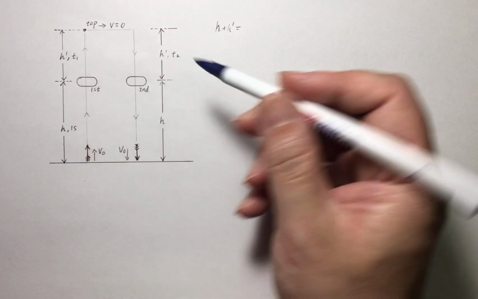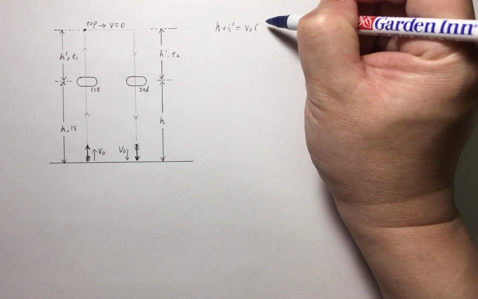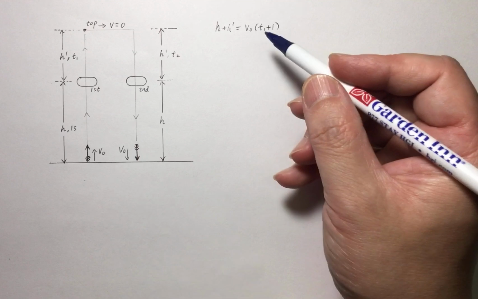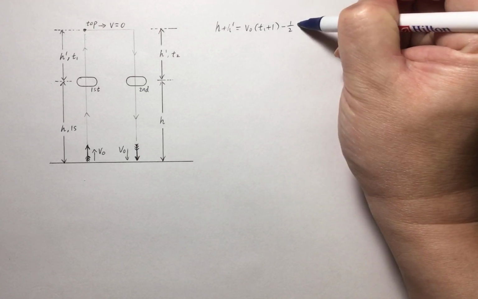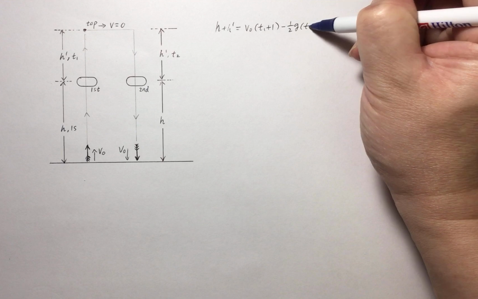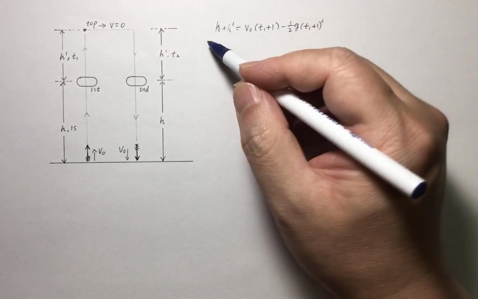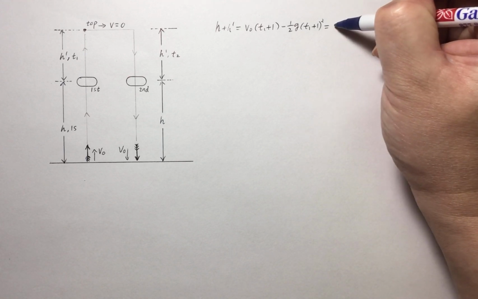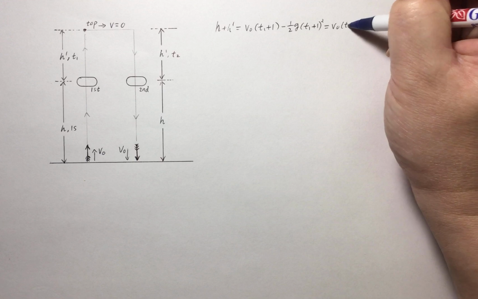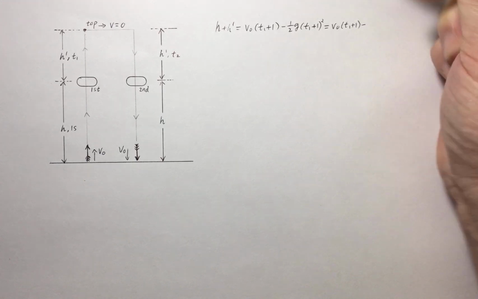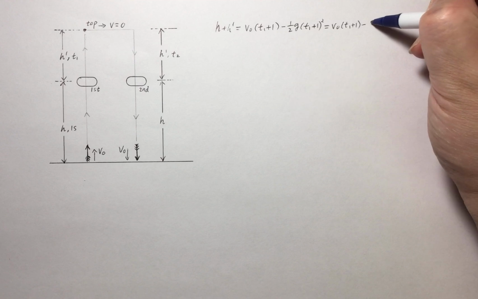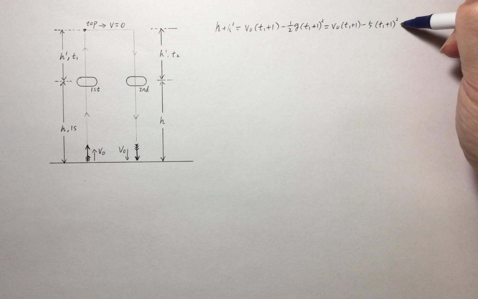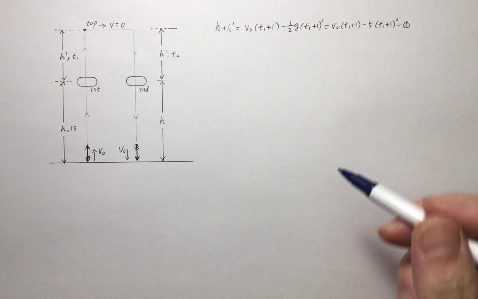So from here to here, we have v0 times (t1 plus 1), the total time is t1 and 1 second, minus half g (t1 plus 1) squared. This is a very common equation. So that's equal to v0 (t1 plus 1), and g we can take as 10, so it becomes 5 (t1 plus 1) squared. This is equation 1.